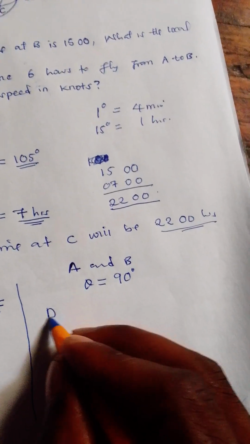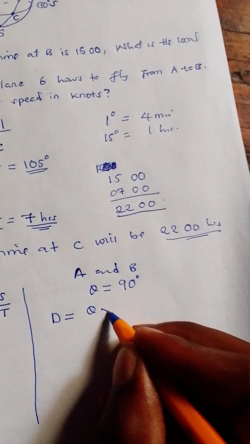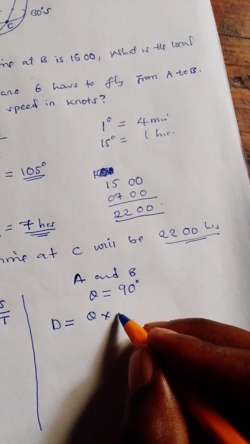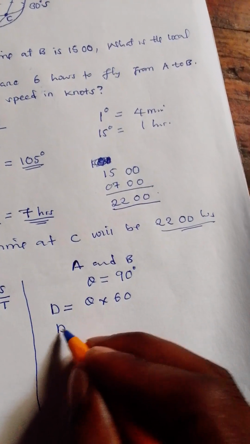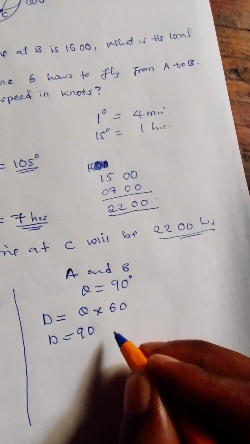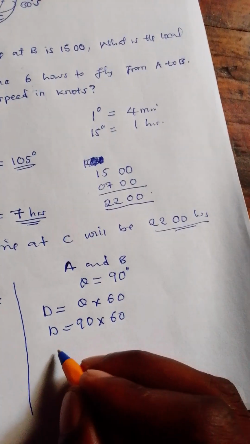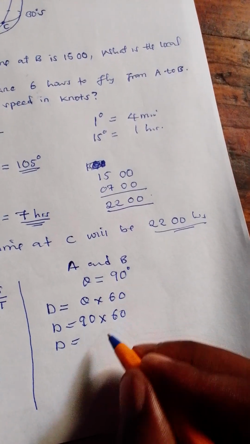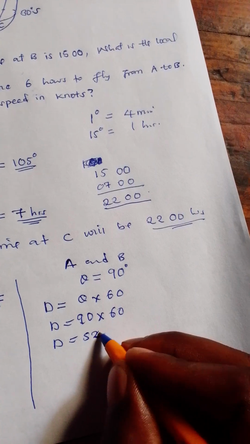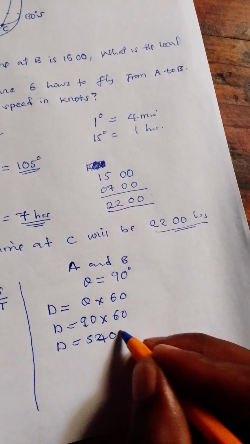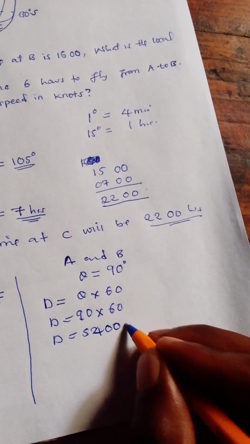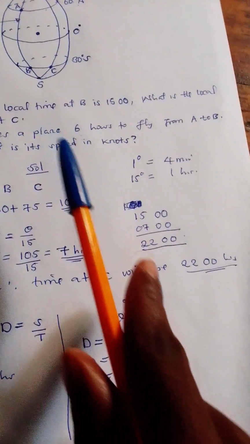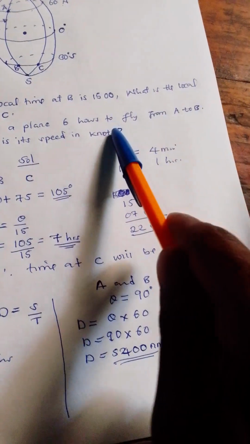We use the formula: distance is equal to theta times 60. So our distance is equal to theta, found as 90, times 60. So distance is 9 times 6 is 54, then we add these 2 zeros, giving 5,400. This is our distance in nautical miles, because they want the speed in knots.